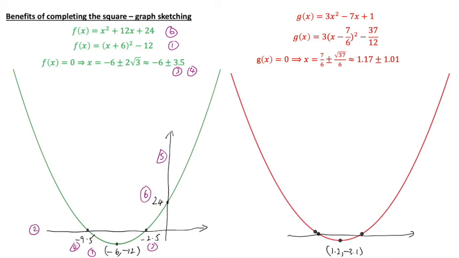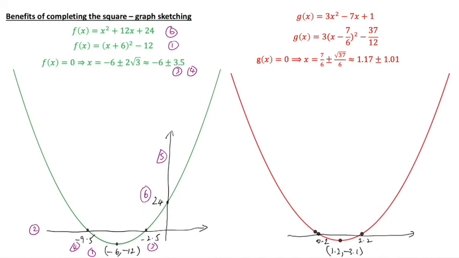That means we can say where the x-axis is. The solution of the 7 over 6 plus or minus root 37 over 6 allows us to say that the roots will be just over 1.01 either side of our 1.2, so that gives us 2.2 or 0.2.